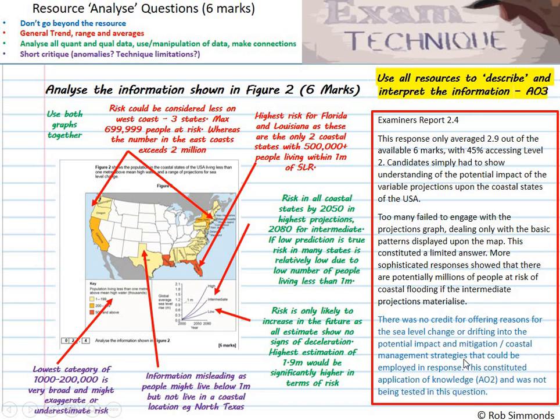The reason this wasn't valued is because it is considered AO1 and AO2. This is application of knowledge and isn't what this question tests. So this is an AO3 question, and it means that you shouldn't be going beyond the resource, which is our blue rule.